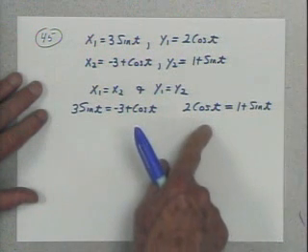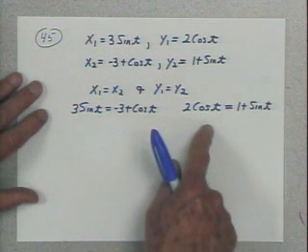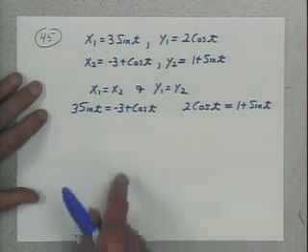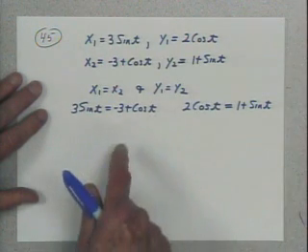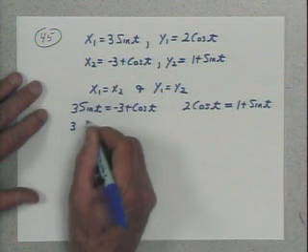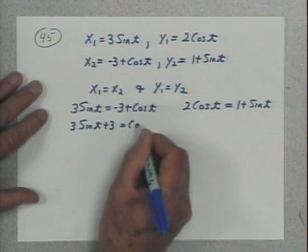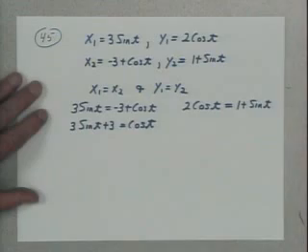But these have to happen at the same time, don't they? So it's like solving a system of equations like in algebra class. And one way we did that was using substitution. So we can take the first one and solve for cosine t. 3 sine t plus 3 has to equal cosine t, doesn't it?